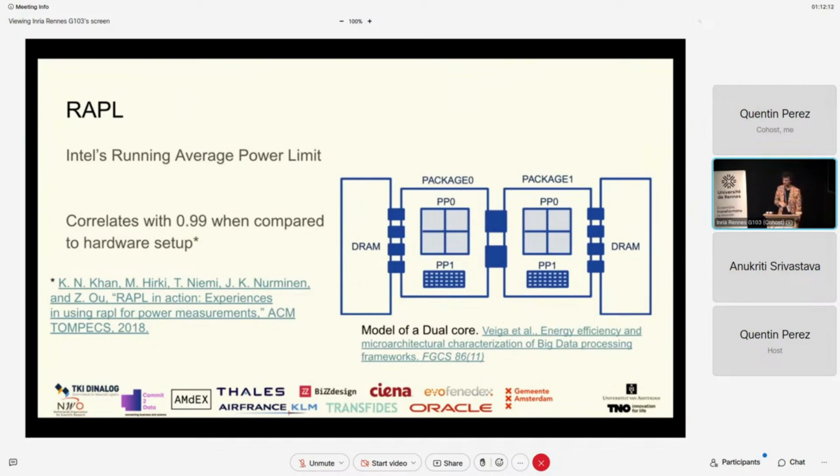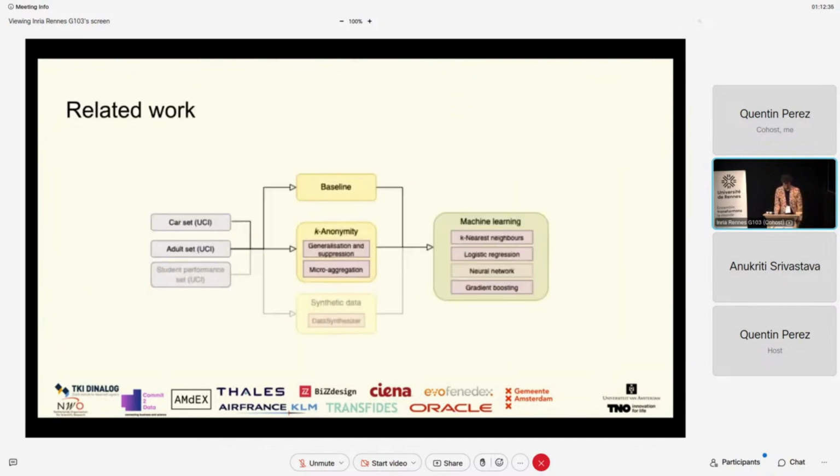And we use PyRAPL to implement this, which is a Python package that uses these RAPL counters to measure the energy consumption, which is actually developed together with the University of Lille and Inria. And we see that it's not very accurate, but it correlates up to 0.99 with the hardware setup. So it is quite accurate.